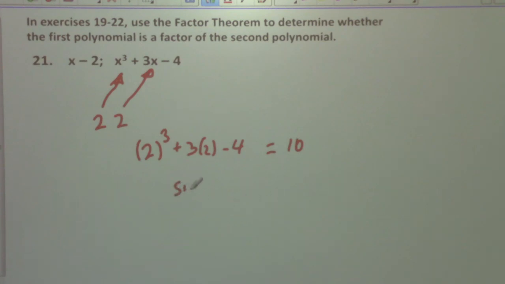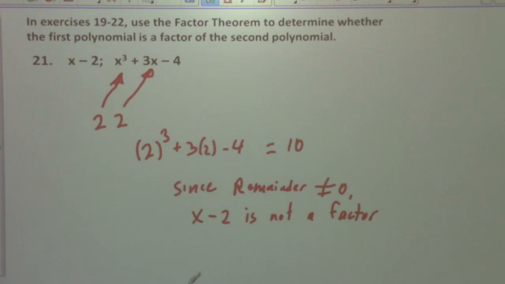Since the remainder is not equal to 0, x minus 2 is not a factor, right? Great.